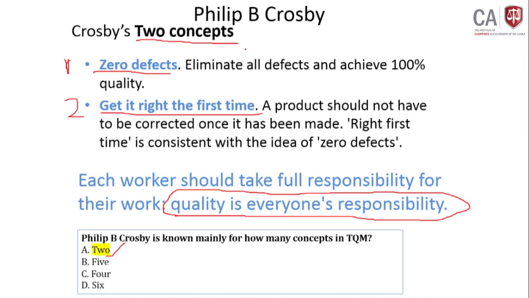Zero defects is one concept, and getting it right the first time is the second concept.